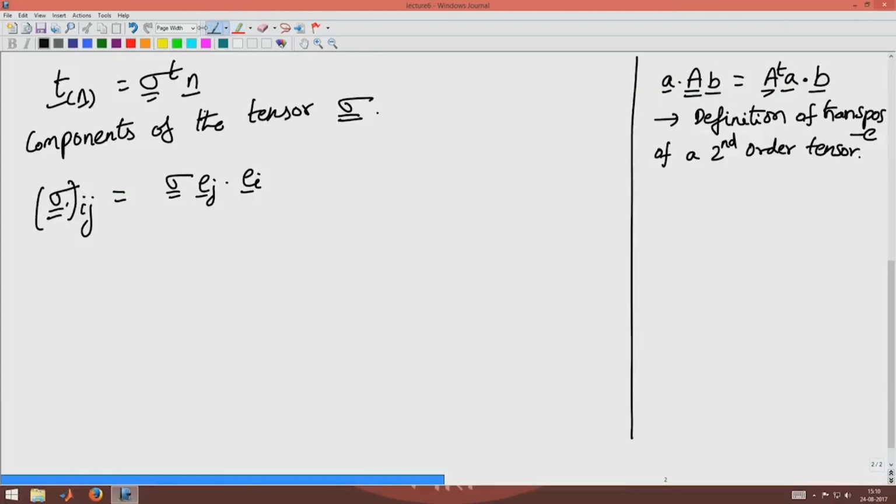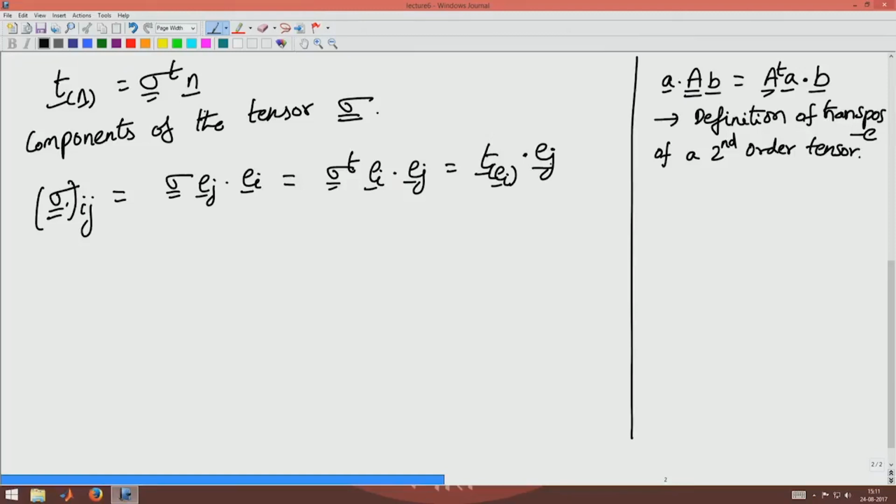Having understood this, let us do the transpose operation here. This will be sigma transpose ei dotted with ej, that is nothing but T of ei dotted with ej.